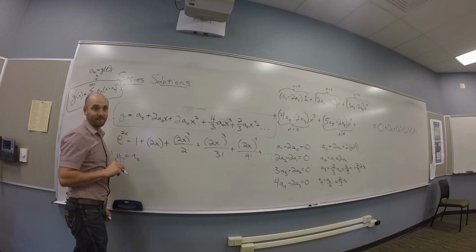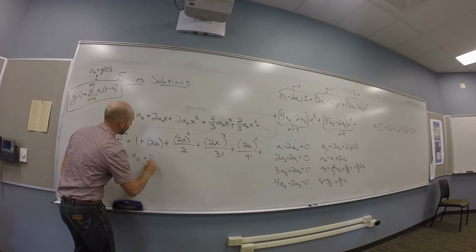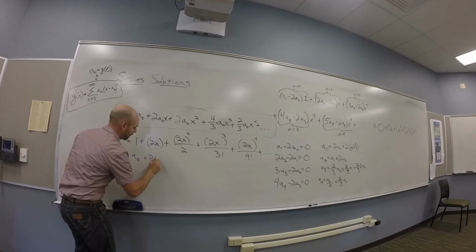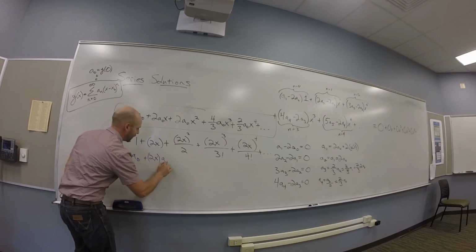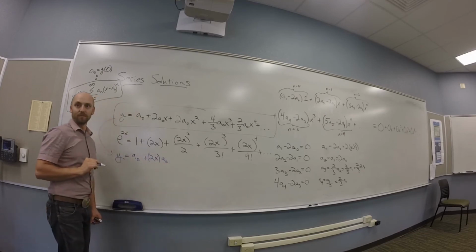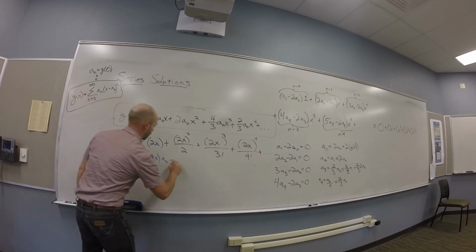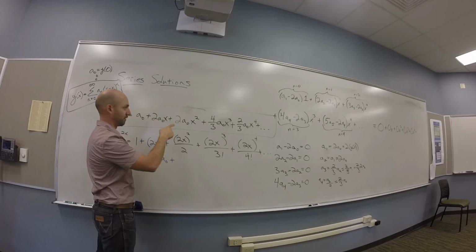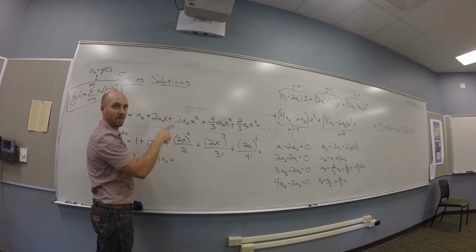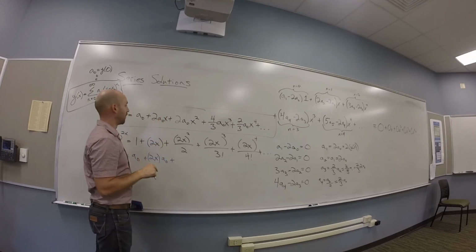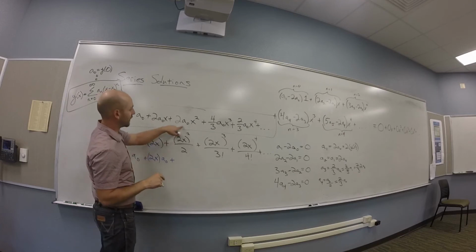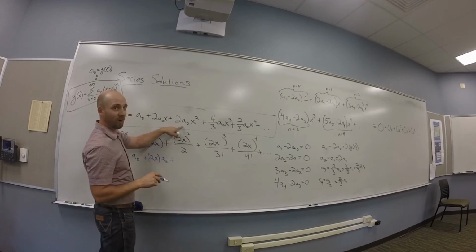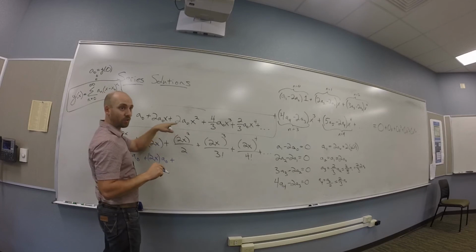Yep, there's a 1 factorial on the bottom. Okay. This dude, 2 factorial. Yeah, let's see. I need a 2 factorial on the bottom, right?